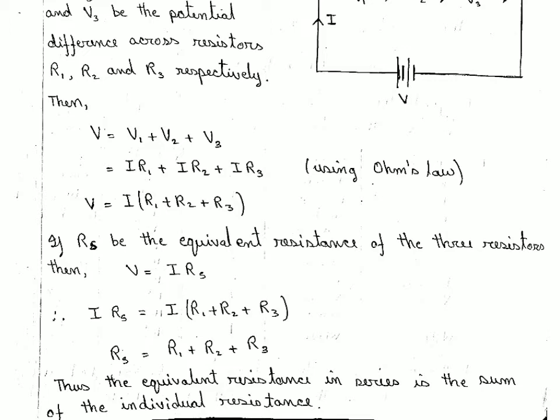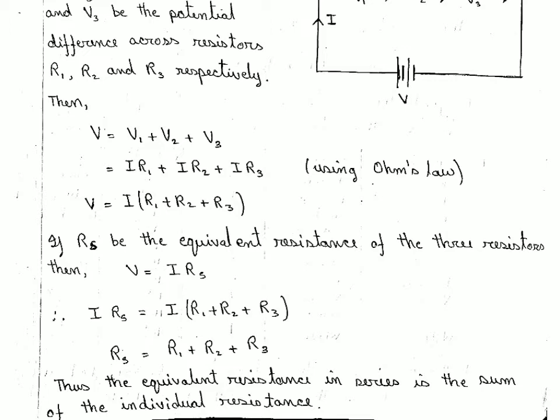Then the potential difference across that one resistor will be IRs. And putting the value of V equal to IRs in the equation V equal to I times R1 plus R2 plus R3, we get IRs equal to I into R1 plus R2 plus R3, and we cancel I, and we get Rs equal to R1 plus R2 plus R3.